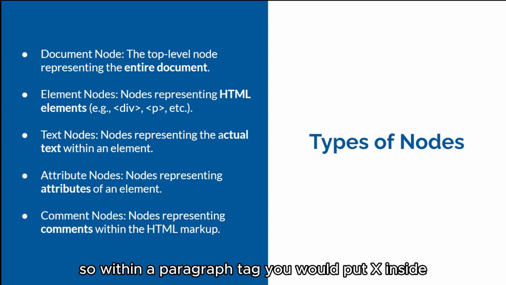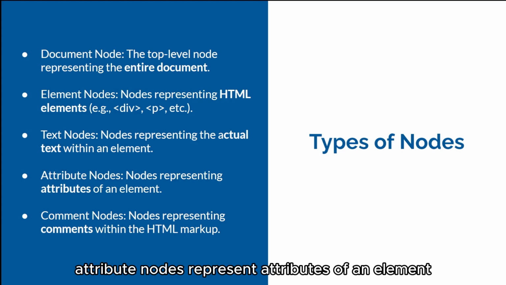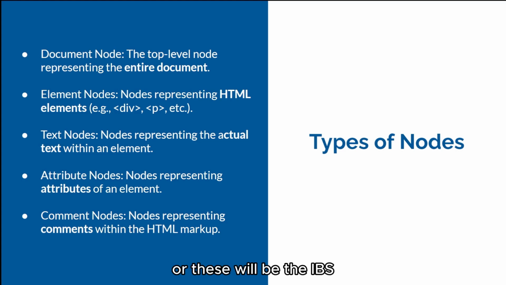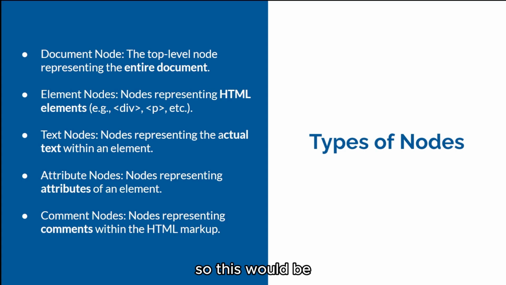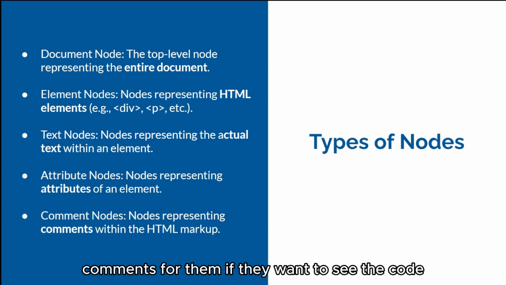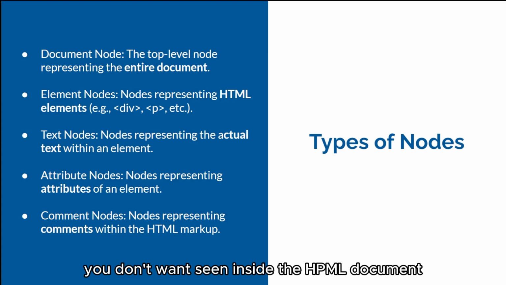So within a paragraph tag, you would put text inside, maybe something like hello world. Attribute nodes represent attributes of an element, so these would be the IDs, classes, names, and so on. And comment nodes represent comments within the actual HTML. These would be comments for devs, things that you don't want seen inside the HTML document.